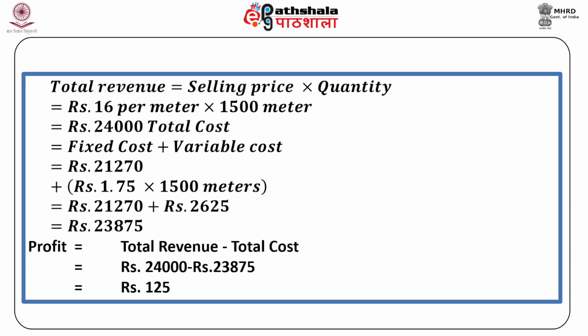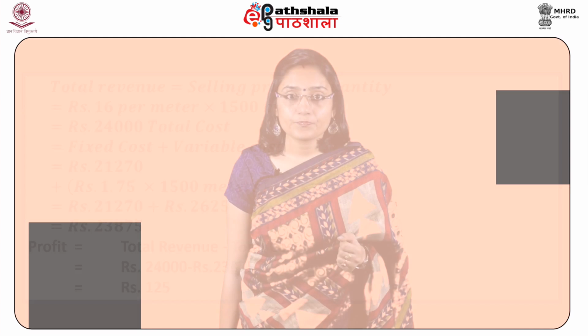Total cost is equal to fixed cost plus variable cost, which is equal to 21,270 plus rupees 1.75 into 1500, which is equal to 21,270 plus 2625, which is equal to rupees 23,875. Now profit is equal to total revenue minus total cost. Thus, it would be equal to rupees 24,000 minus 23,875, which gives us an amount of rupees 125 as the total profit.